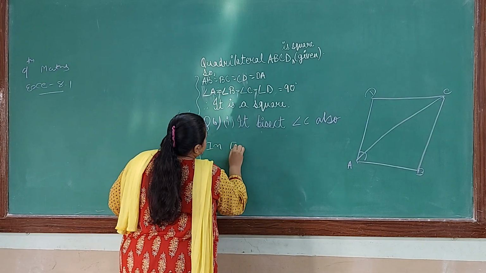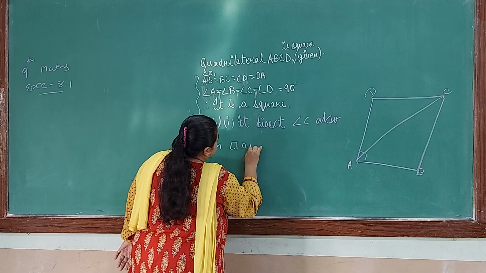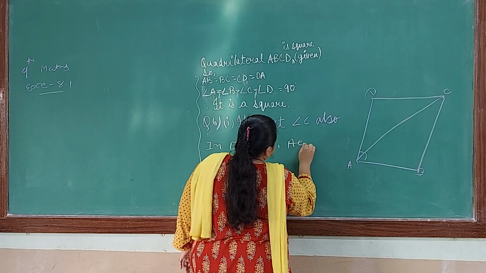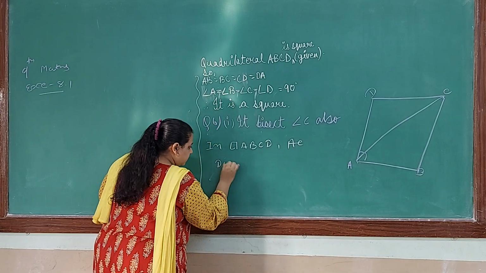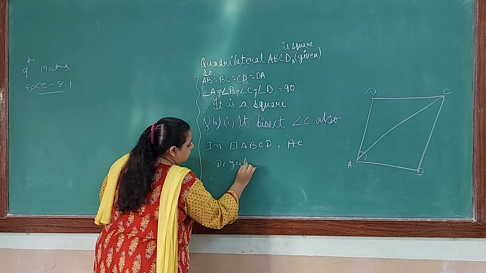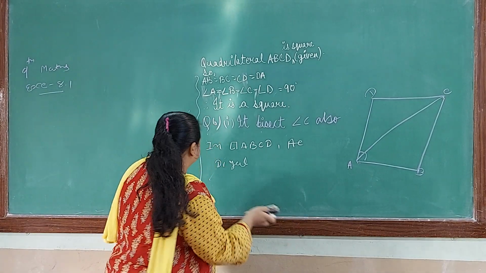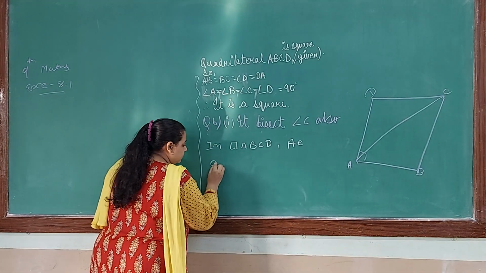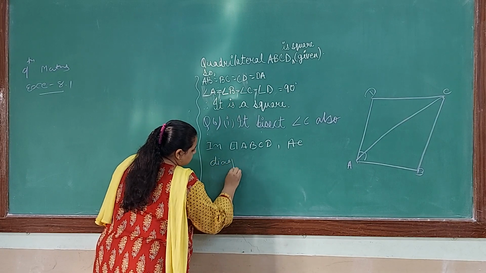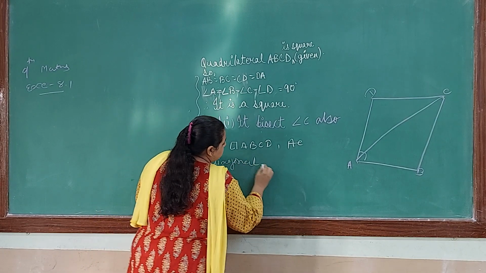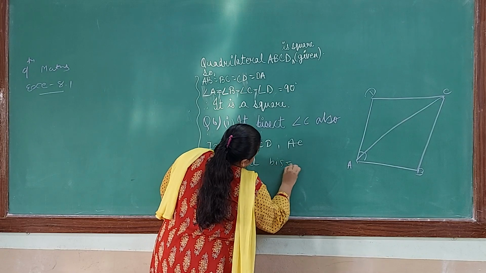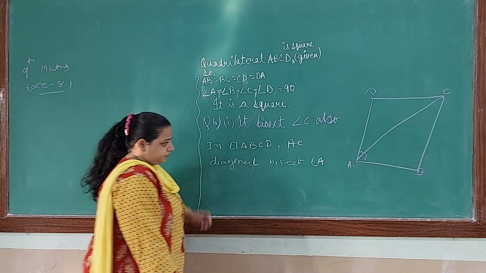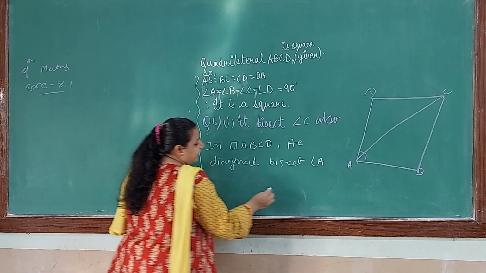In quadrilateral ABCD, AC is a diagonal. It bisects angle A, which is given, right?